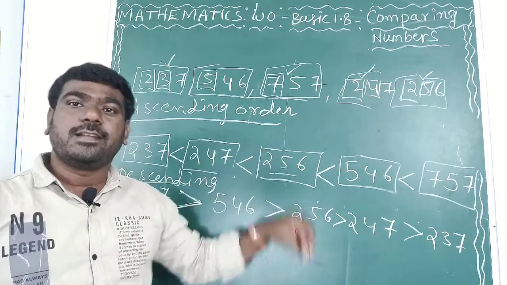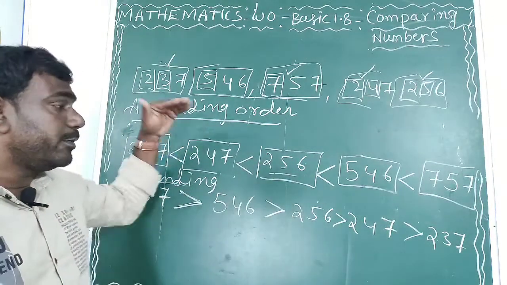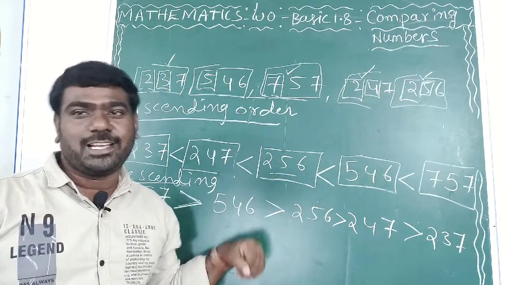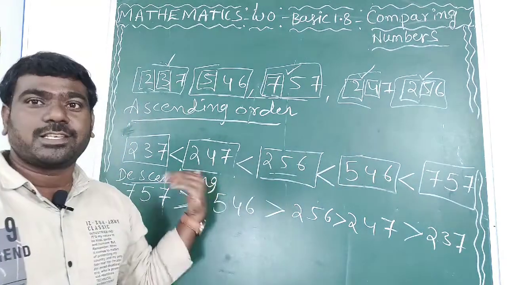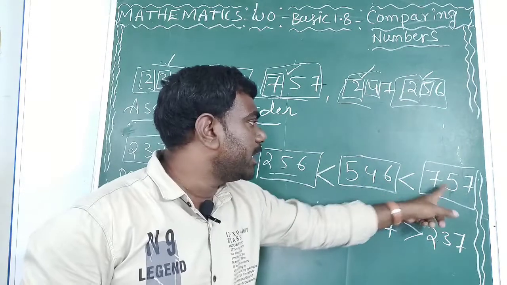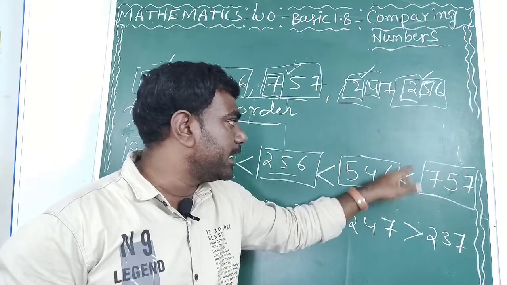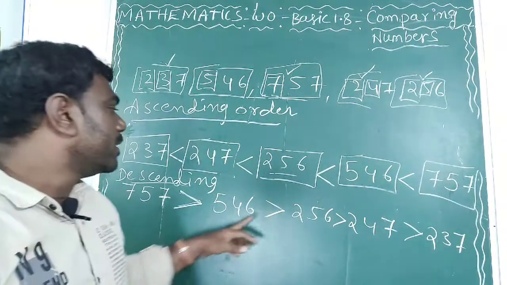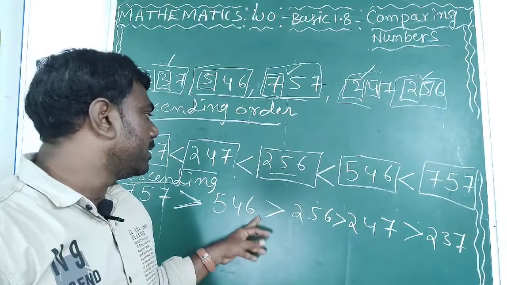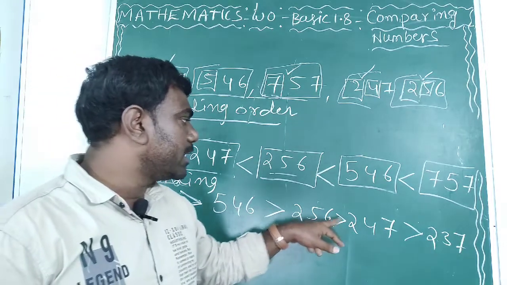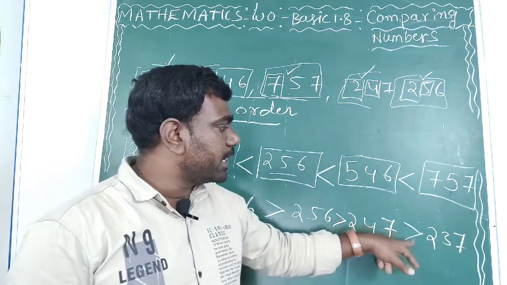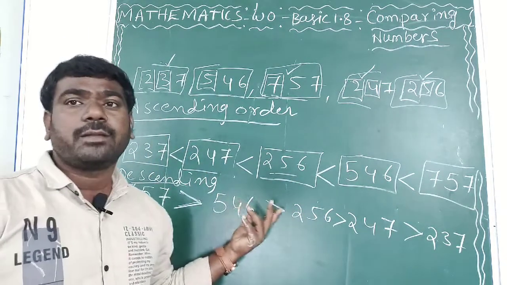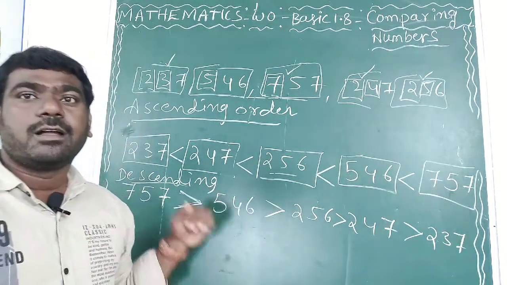So if we know ascending order, automatically we can write the descending order also. Just reverse. See here, 757 is greater than, simple right. So greater than, just we are writing in reverse. So next, 546 is greater than 256, greater than 247, greater than 237. Just reverse the ascending order, and you will get the descending order.